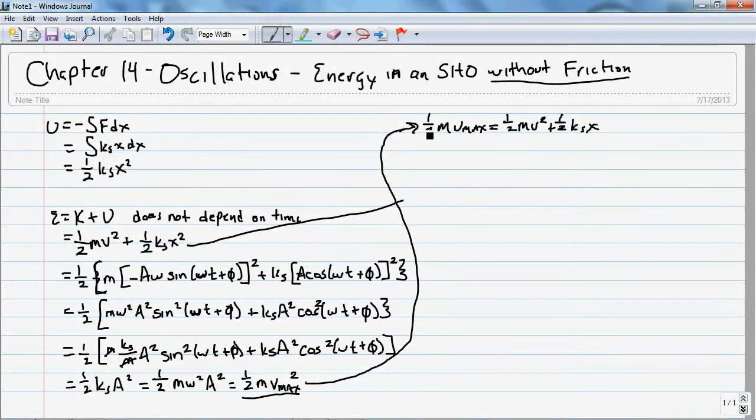The 1/2s are all going to go away, and that's going to leave me with, oh, I'm sorry, I forgot the squared here. So I'm going to have mass times V max squared is equal to mass times velocity squared plus Ks times x squared.